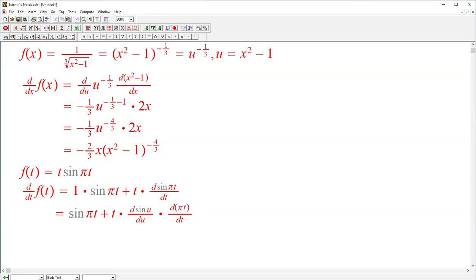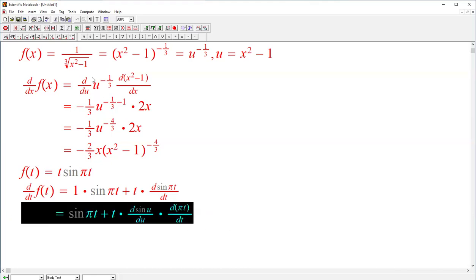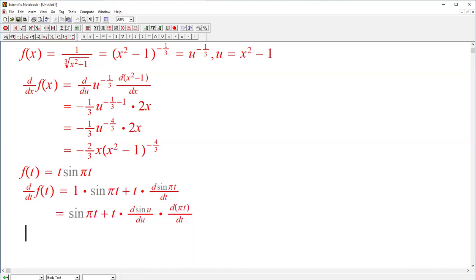Okay, and next step. The derivative of sine u is cosine u. And the derivative of pi t with respect to t is going to be pi. For clarity, I'm going to bring this pi to the front.